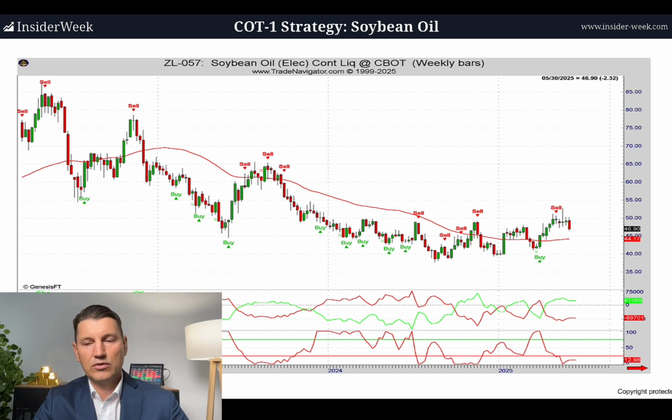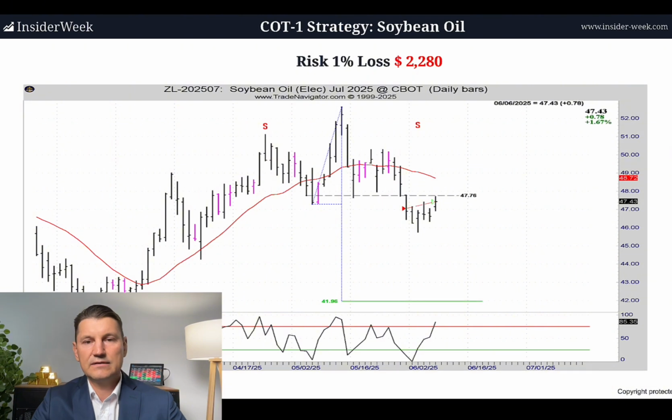First trade, soybean oil. I got there a sell signal based on CFTC data. Also, you can see here on the daily chart, I got a trend change. Based on that I opened a short trade and I was stopped out by trailing stop.